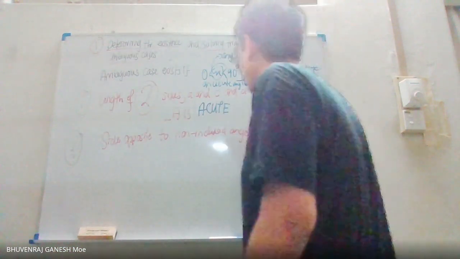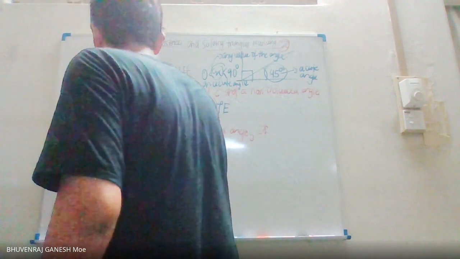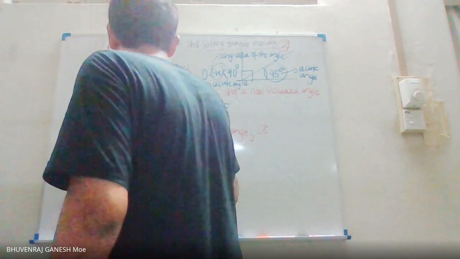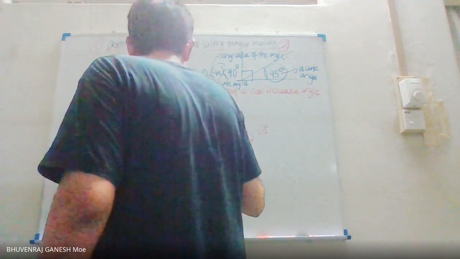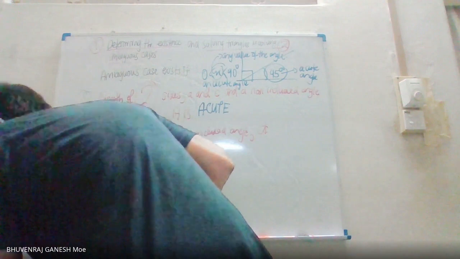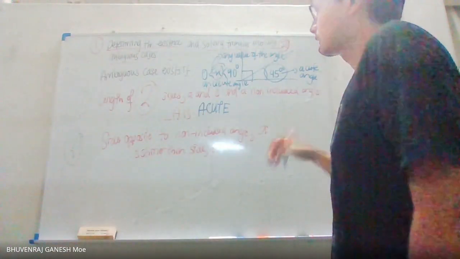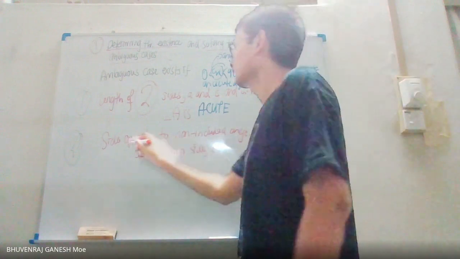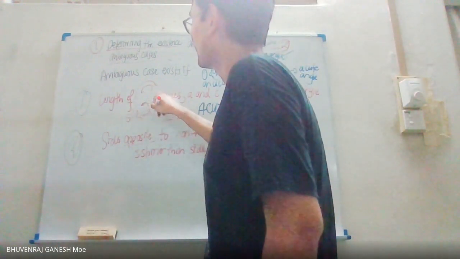The non-included angle, they gave it as A, is shorter than side C. A side opposite to a non-included angle means something like the sine rule, where we relate opposite sides and lengths.